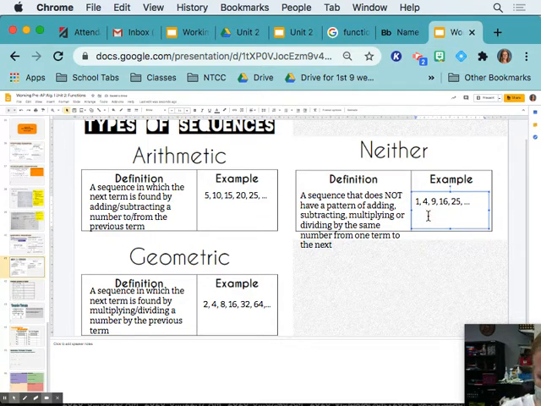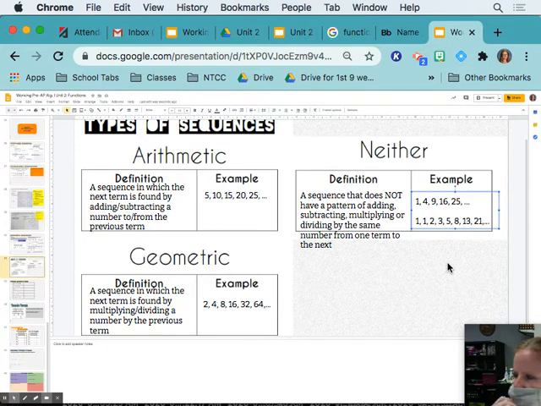Okay, another one is 1, 1, 2, 3, 5, 8, 13, 21. What is the pattern?